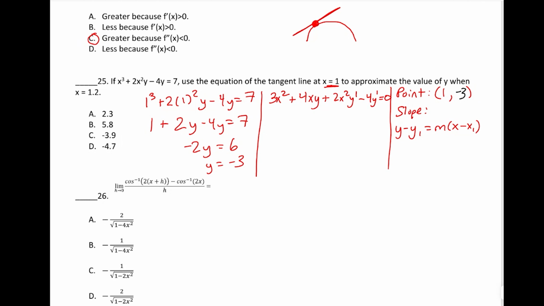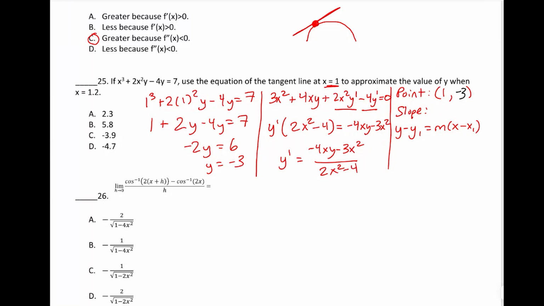I'm trying to solve for y prime so that I can get the slope for my tangent line approximation. Y prime, if I factor that out of these two terms, will leave me with 2x squared minus 4, and then subtracting the two terms that don't have the y prime over to the other side. That'd be negative 4xy minus 3x squared. So y prime is going to be negative 4xy minus 3x squared over 2x squared minus 4.